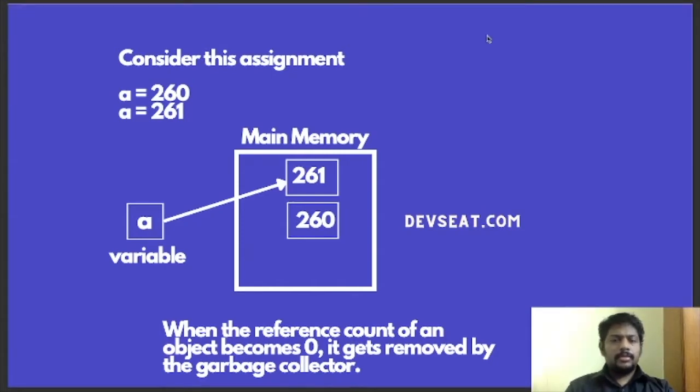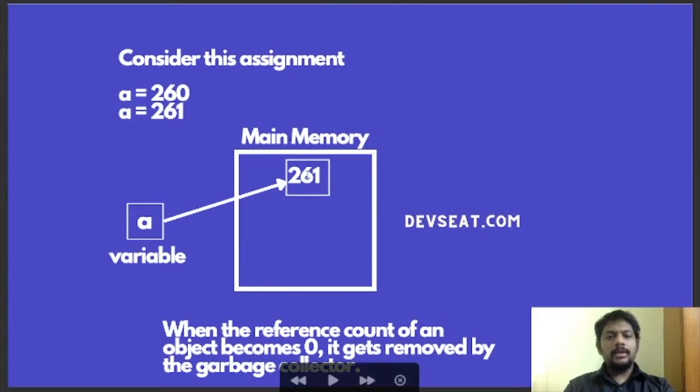Any object with reference count 0 is eligible for garbage collection. So here 260 is there and since its reference count is 0, it is removed by the garbage collector and only 261 will be available in the memory but not 260.